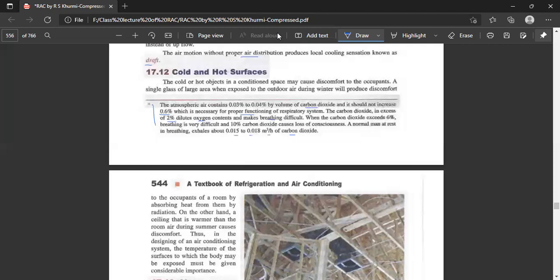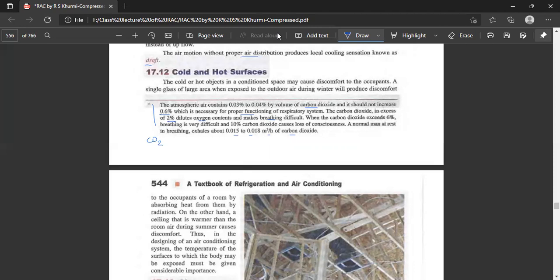So first, carbon dioxide, CO2, is the most important part, which we are supposed to avoid. We know that the atmosphere has only 0.03% to 0.04% carbon dioxide by volume, and it should not exceed 0.6%.